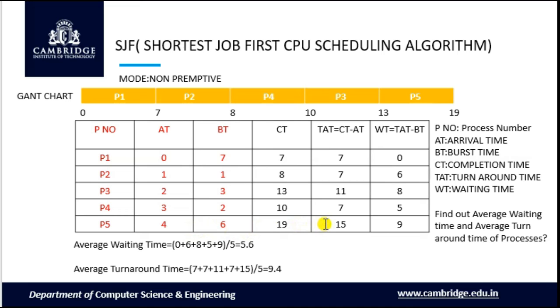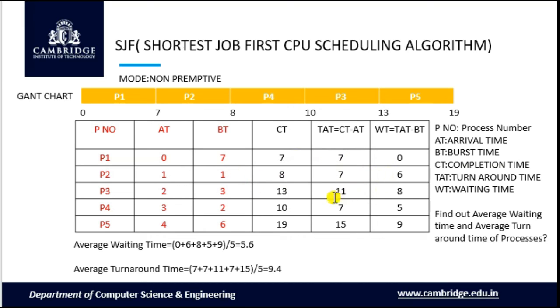This is how you find out the turnaround time. For waiting time, the formula is turnaround time minus burst time. Turnaround time of P1 is 7, burst time is 7, 7 minus 7 is 0. Turnaround time of P2 is 7, burst time is 1, 7 minus 1 is 6.